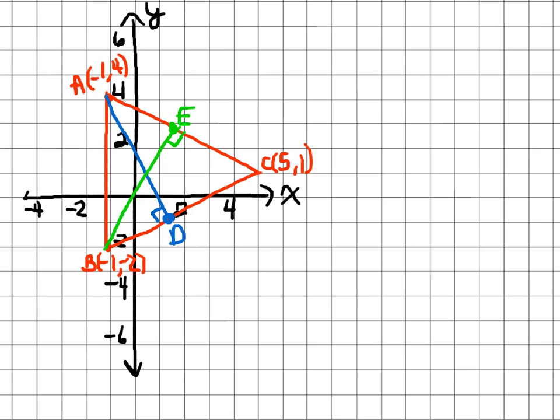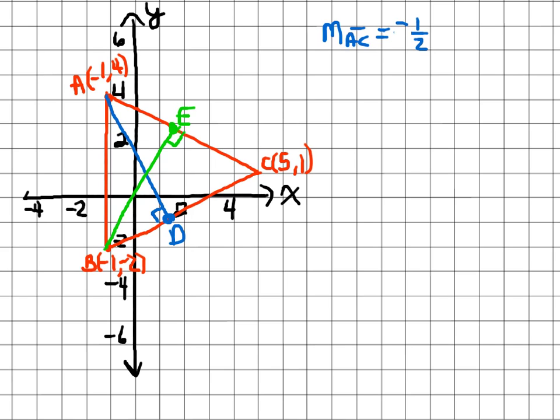So I already know the slope of AC. That was determined in the previous question. So my slope of AC is equal to -1/2.